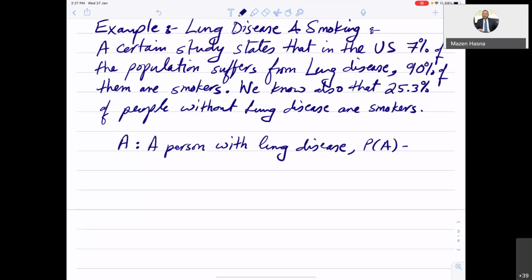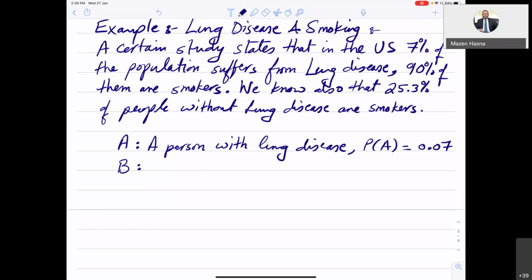So now if you go to the US and you pick someone randomly, what's the chances that this person will have a lung disease based on the information I gave you? 7%. 7%. 7%. So the probability is 0.07.